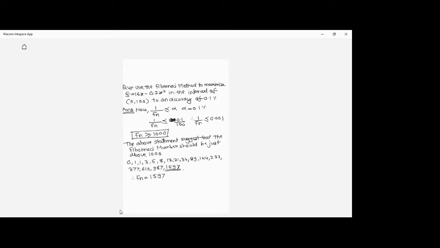1597, right? Then your Fn minus 1 will be what? It will be 987. Fn minus 2 will be what? It will be 610. Fn minus 3 will be what? It will be 377, and so on, right? Till Fn minus 16 is equal to what?